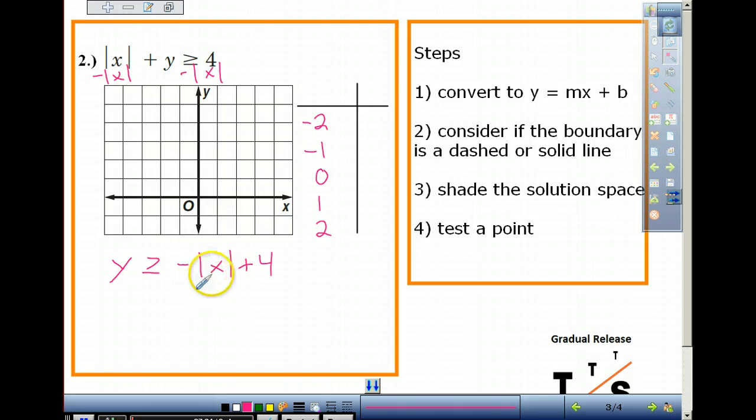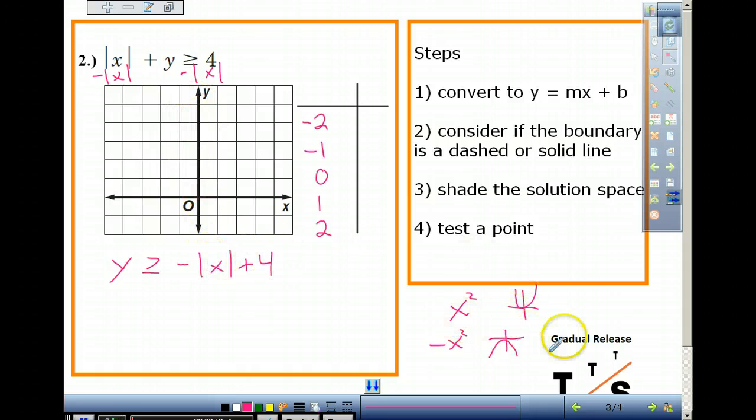Ask yourself, well, what does x squared look like? That's something like that. What did negative x squared look like? You remember? What happened when you plug in a negative? What happened to that graph? Yeah, it opened down. So what do you think is going to happen here with a negative absolute value? It's going to open down and start at positive 4.